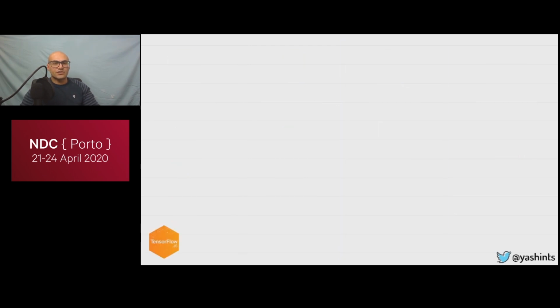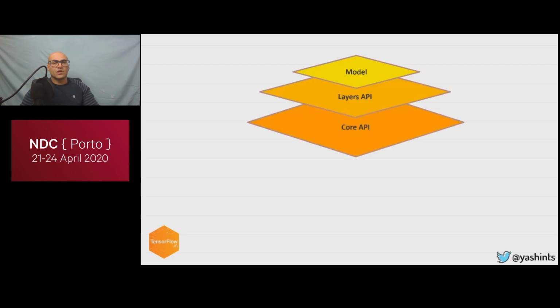So how does TensorFlow.js work? At the core of itself, it's got a core API. The core API is basically the layer which talks to the low-level APIs, which are written in C++. Now, when you bring a model, you're not really using the core APIs.